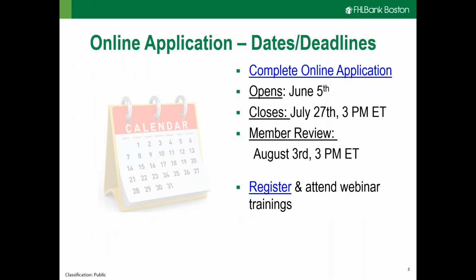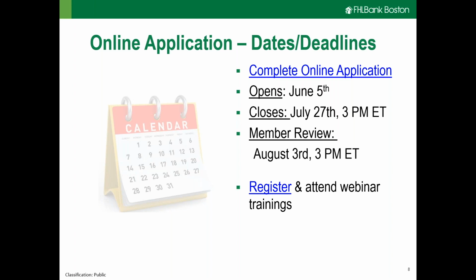Our online application deadlines this year: the application opened June 5th. It closes July 27th at 3 p.m. Eastern Time. And that July 27th date is the date for housing sponsors to fully complete the application, entering all the data, uploading all the documentation.